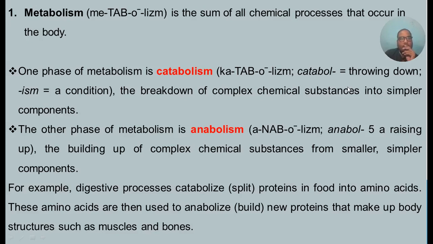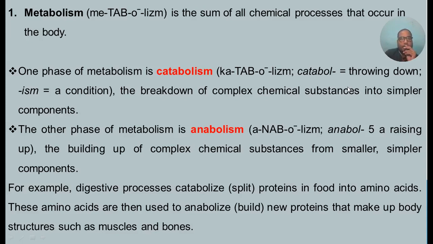So these two are the basic chemical processes under metabolism which are going on in our body or in any cell, any living organism. Metabolism is going on, and metabolism is further of two types, that is catabolism and anabolism.